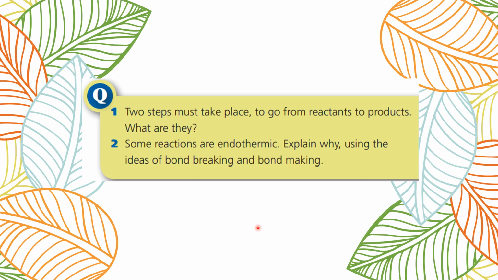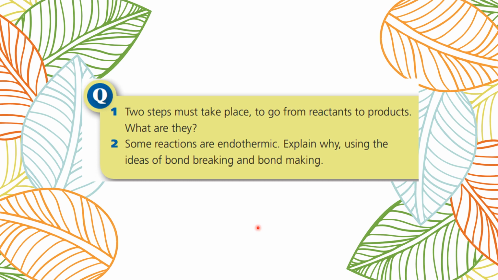From reactants to products, it is bond breaking and bond forming. Bond breaking for the reactants, and bond forming for the products. So bond breaking basically is an endothermic reaction because we need to absorb heat energy in order to break the bonds. And to form a new product, it is an exothermic reaction. So we release heat energy.